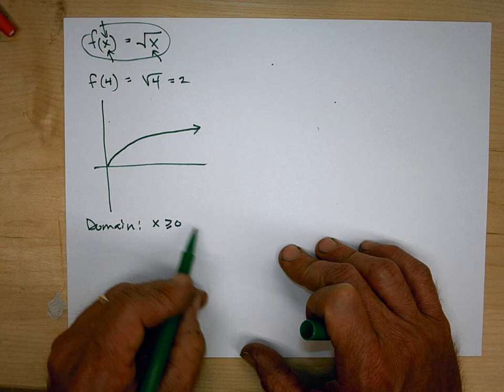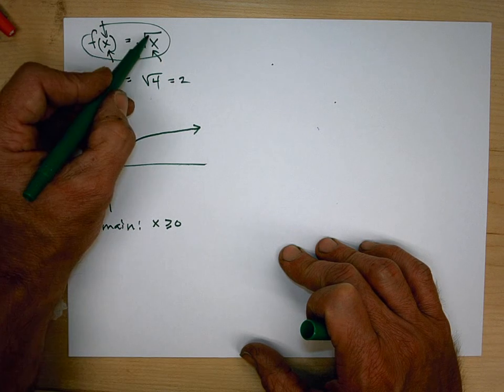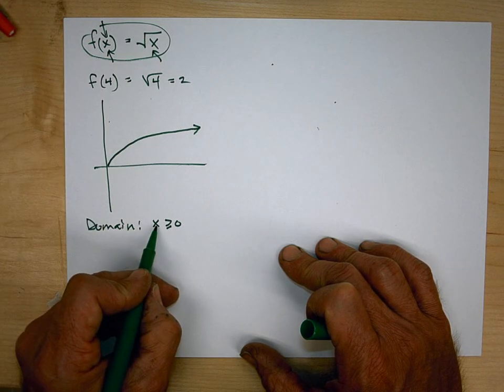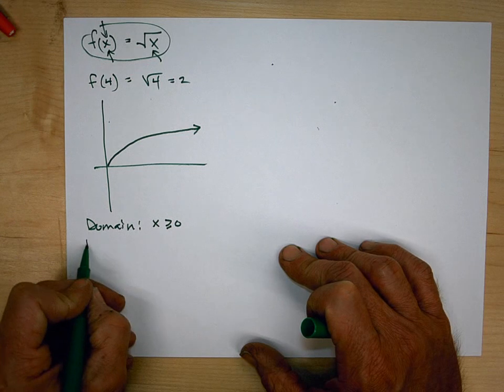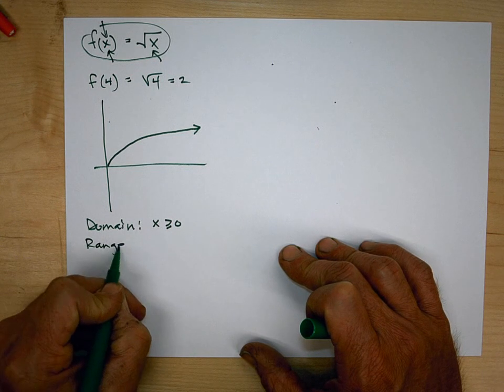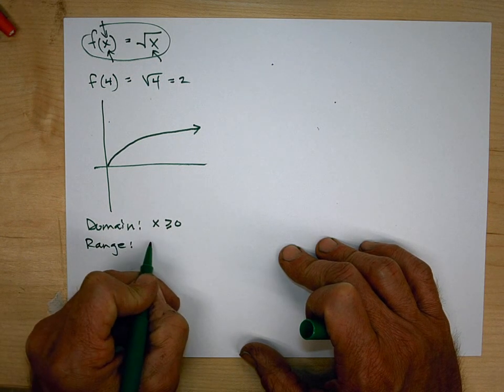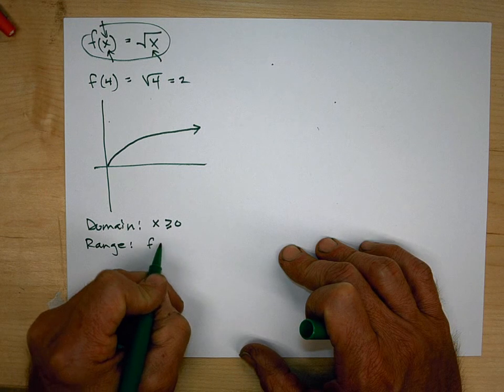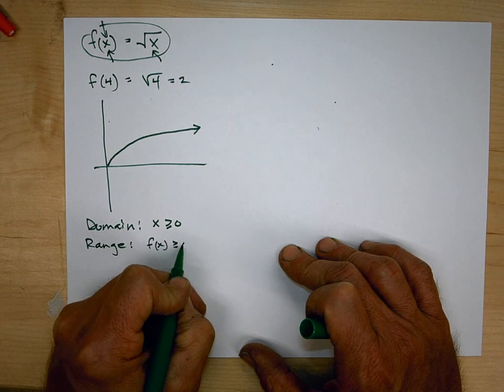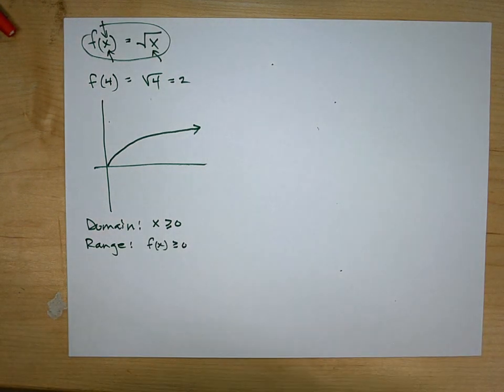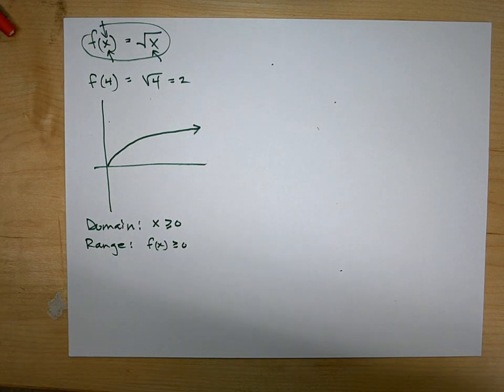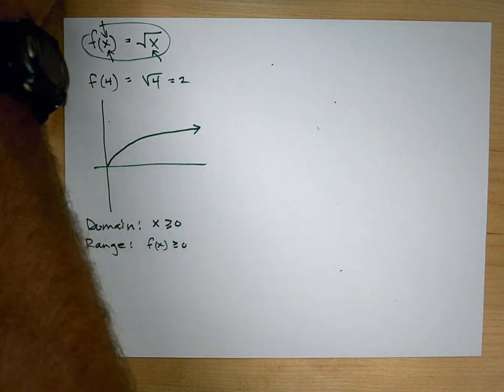So in that case, the domain is only non-negative numbers. Now, if I take the square root of any number that's greater than or equal to 0, what kind of numbers will that give me? Well, that will give me non-negative numbers out as well. Okay, so there's an example.